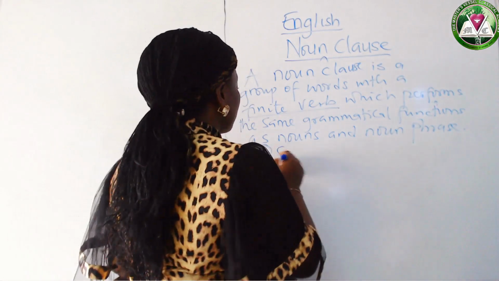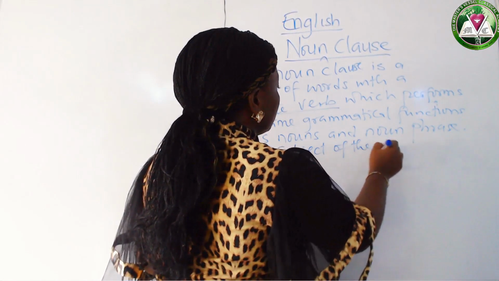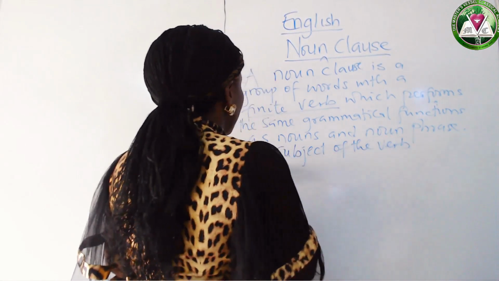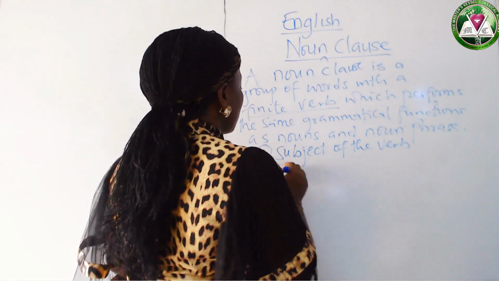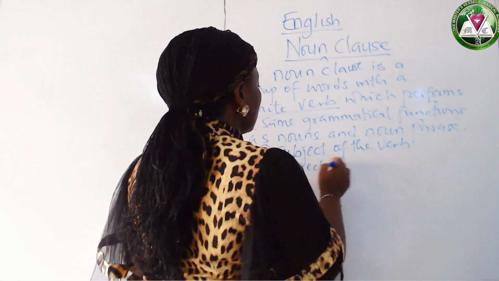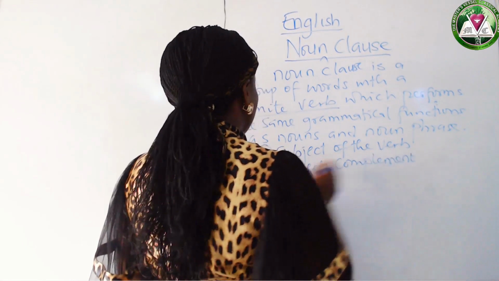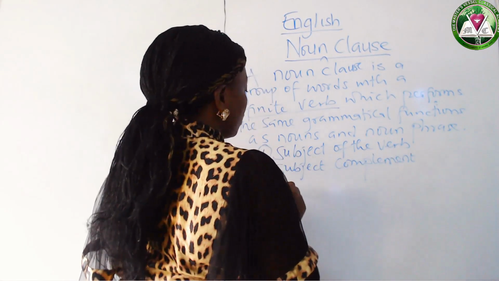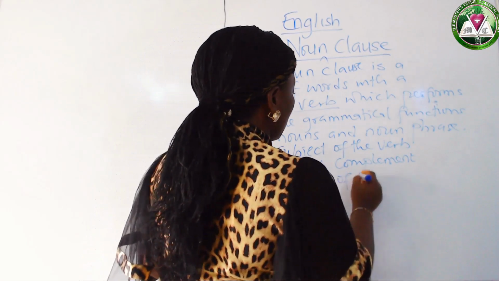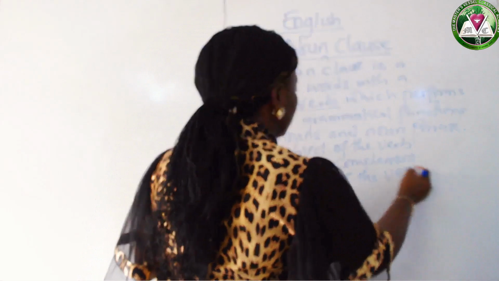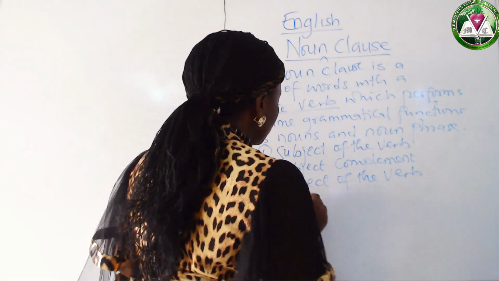We have subject of the verb. Number two, we have subject complements. Okay, we have number three, object of the verb. Number four, object complement.